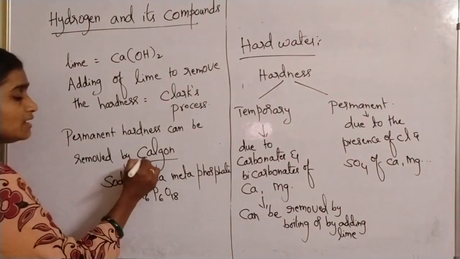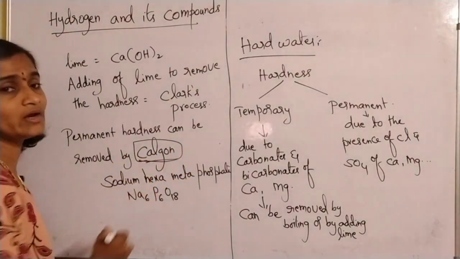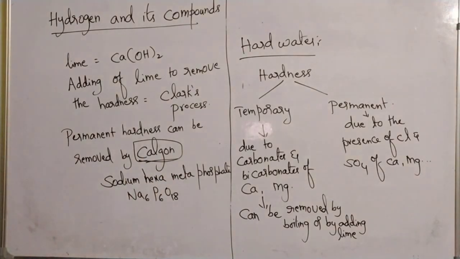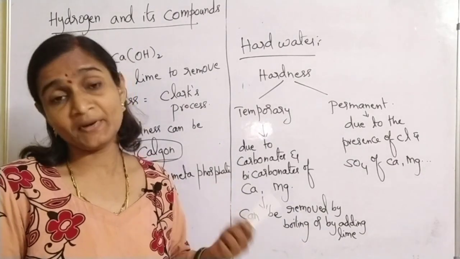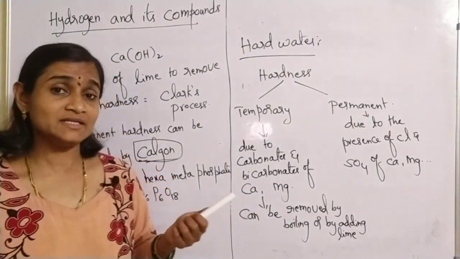And this substance you call as calgon. That's why this process of removing permanent hardness is called the calgon method. There are other methods also which come under the removal of permanent hardness.